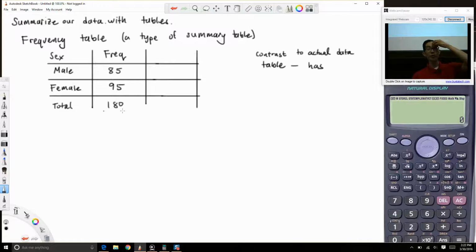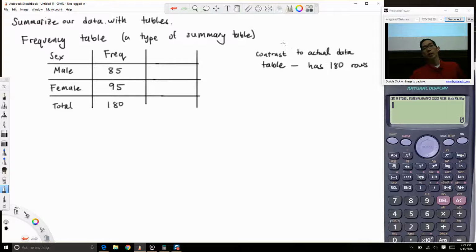Male, female, and total. The actual data table would have how many rows? It would have 180 rows, right? Because we have one for every single observation, and if we have a total of 180 people represented in our summary table, then that means there must be 180 rows in our actual data table. Does that make sense? Okay?